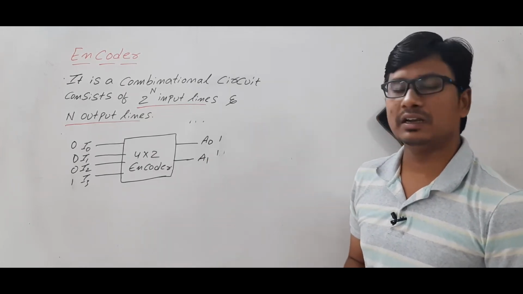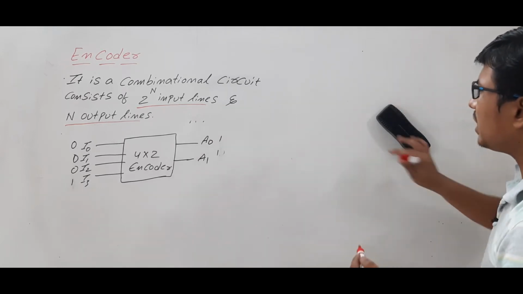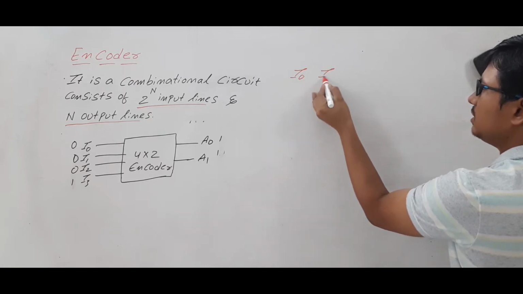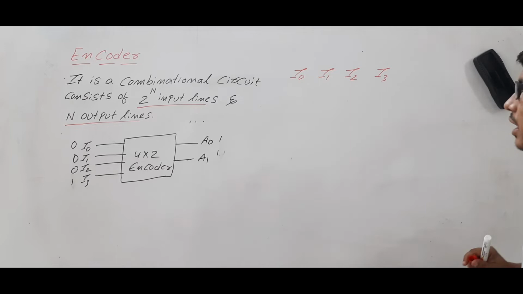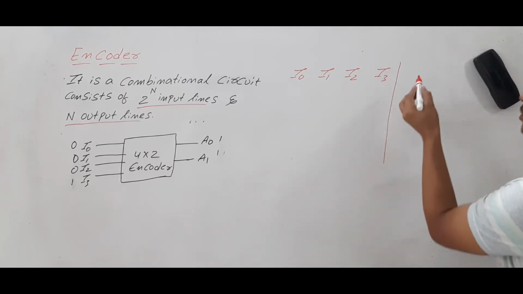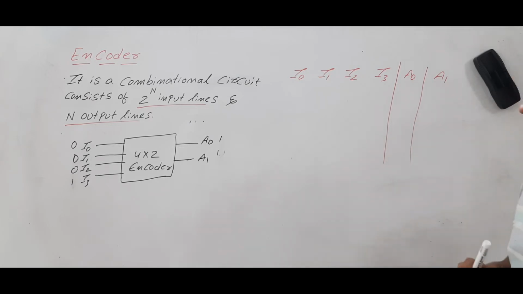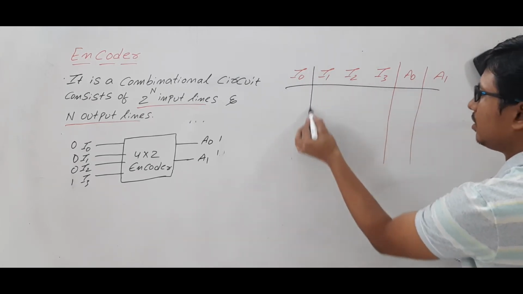Let me draw the truth table so that you will understand in a better way. What are the inputs? We have 4 inputs, I0, I1, I2, I3, and 2 outputs, A0 and A1. Am I right or wrong? Now, let me draw all the inputs.